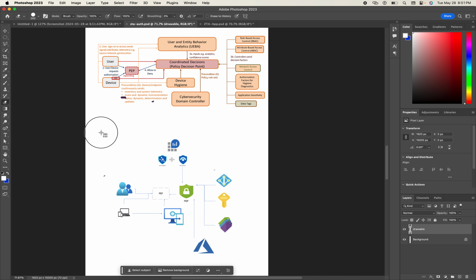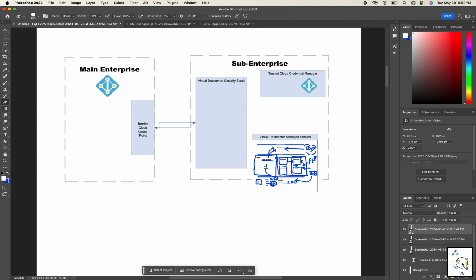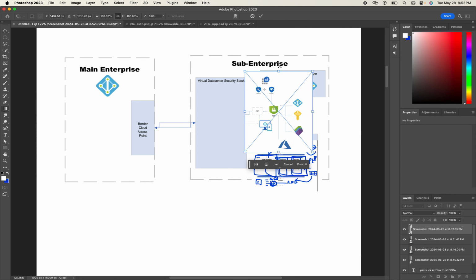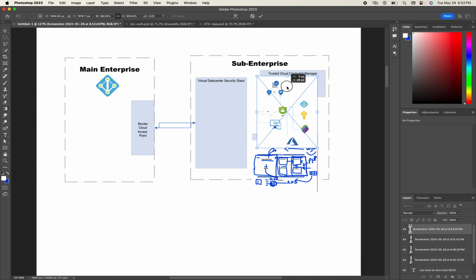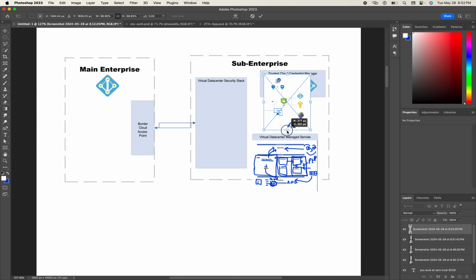This is essentially our management services. We're going to take this piece and put it right there. Oh, and look, I don't even need to add the Azure Active Directory or Entra ID, because it's already part of our trusted credential manager.